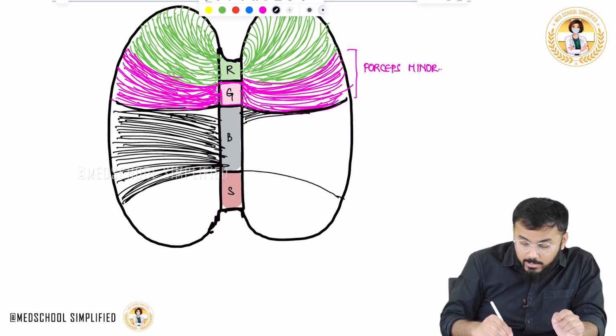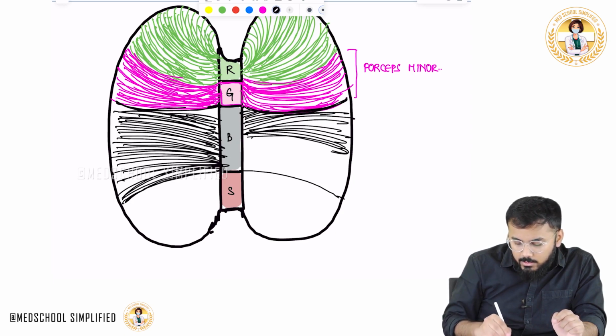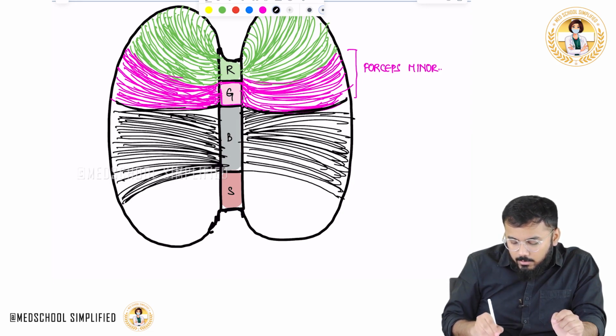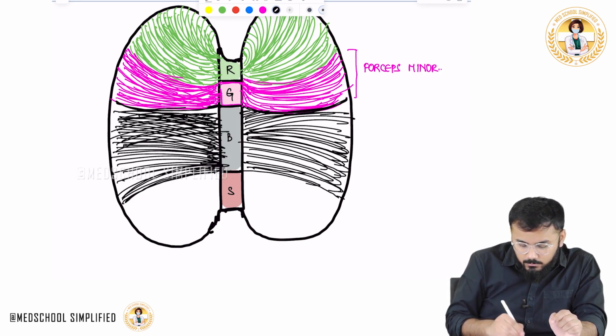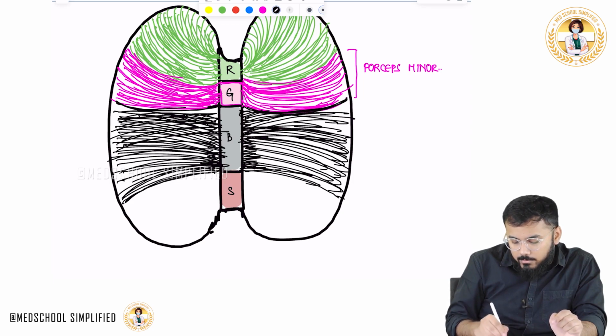So these bundle of fibers are coming all the way like this, right? So what are these bundle of fibers forming? They are nothing but forming your body. Okay, so these bundle of fibers over here are forming your body. So all of them together will form this particular body over here.